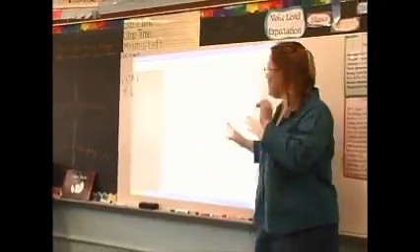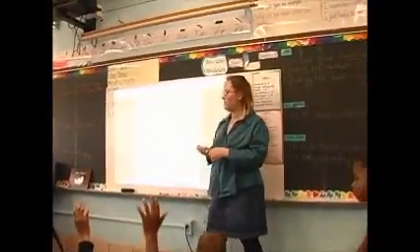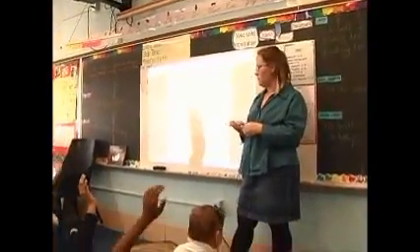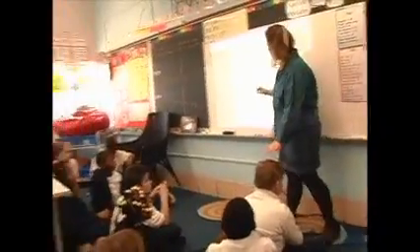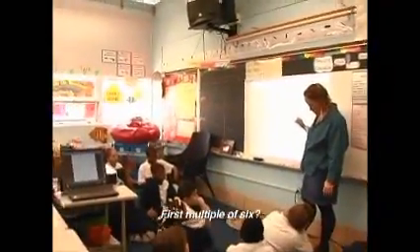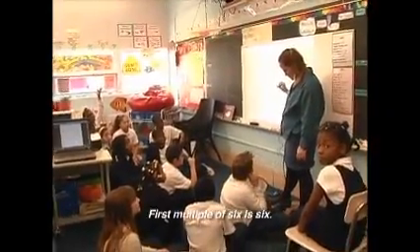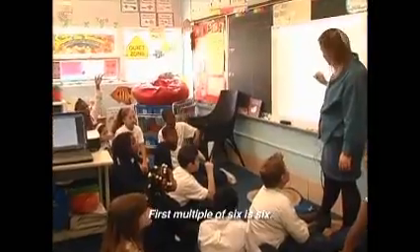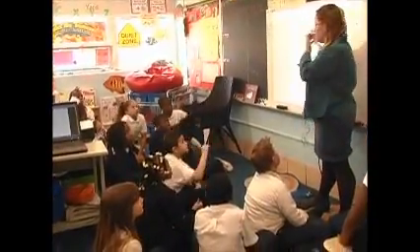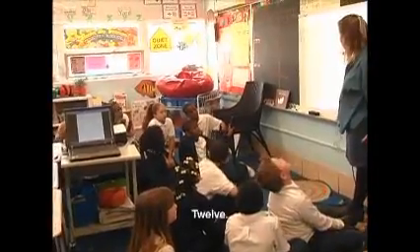So if I found the multiples of 4, what multiples do you think I'll find next? Because it asks for the least common multiple of 4 and 6. Octavia? 6. What's my first multiple of 6, Sebastian? The first multiple of 6 is 6. Next, Cameron? 12.